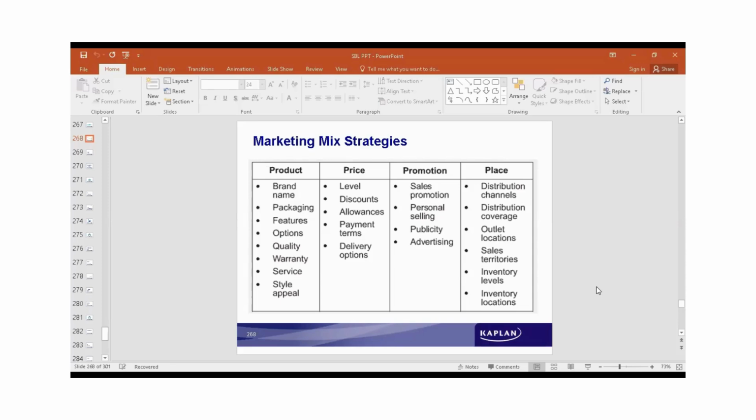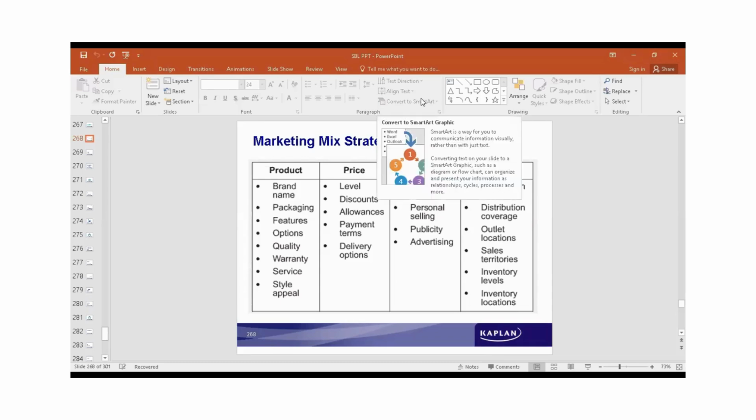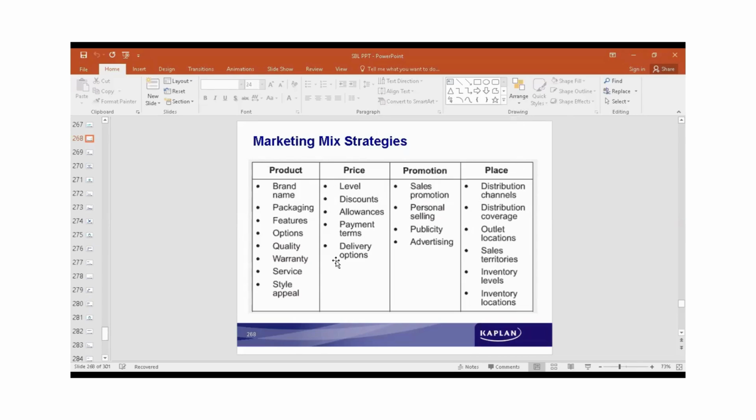reference to the product, the price, about what prices are charged, the different price levels that are charged, the discounts that are offered to the customers on different occasions, different terms and conditions, and the payment terms that are decided according to what prices are charged.